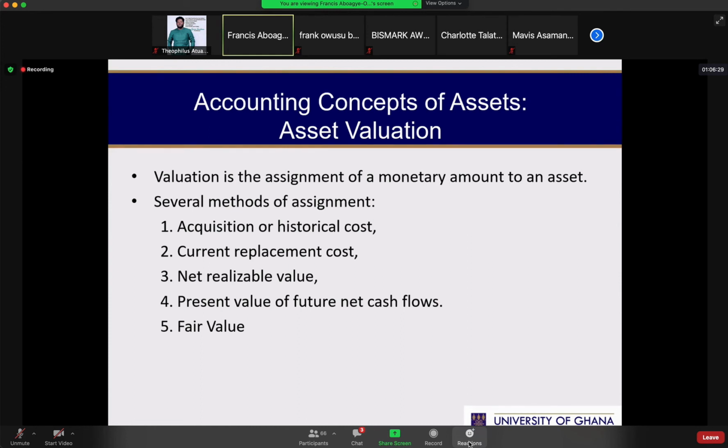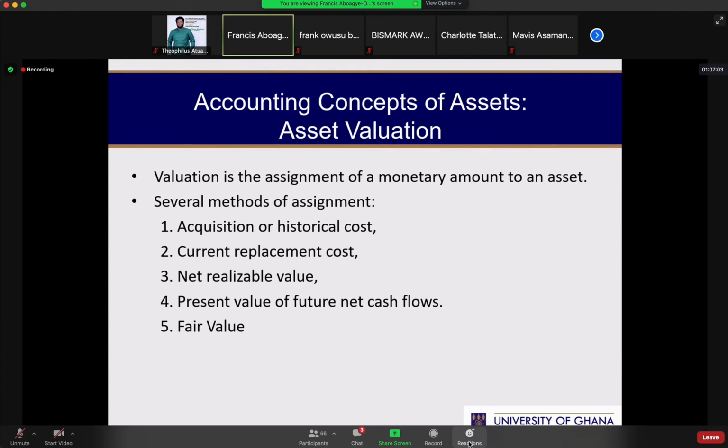Remember that we have an asset called inventory, and there are 10,000 pieces. So if each of them is 6 cedis at cost, then that will be 60,000. But we are told that the asset is damaged, and because of that, we cannot even sell at the 6 cedis. We can only sell at 4 cedis. So if we are able to sell it, it's going to give us 40,000 cedis.